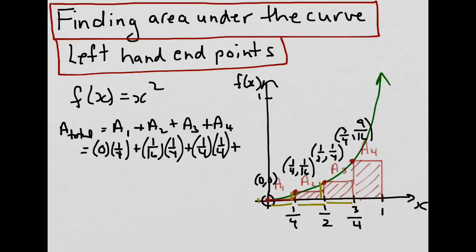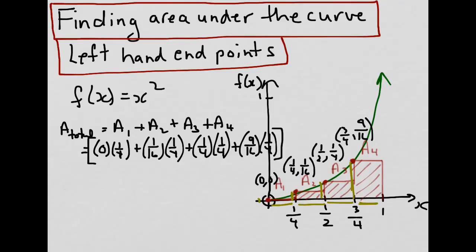And finally, the area of the fourth rectangle would be its height times its width, or 9/16 times 1/4. And if we work this out, we would end up with 0 plus 1/64 plus 1/16 plus 9/64.